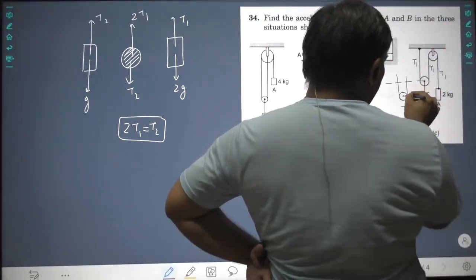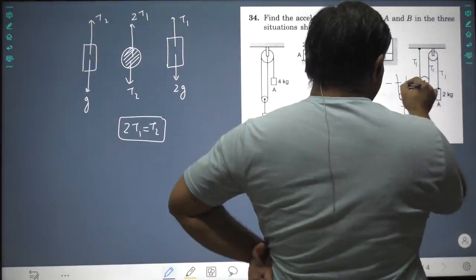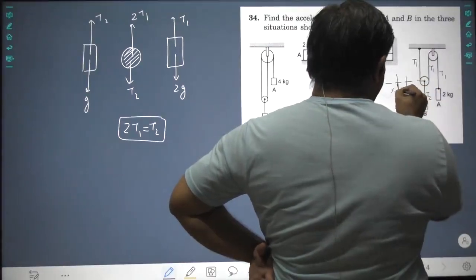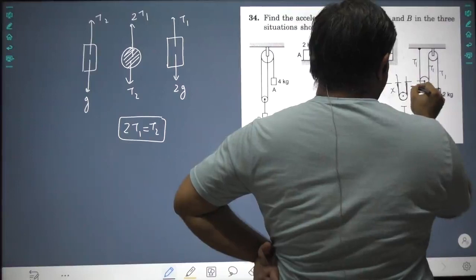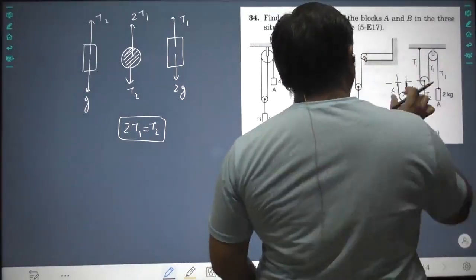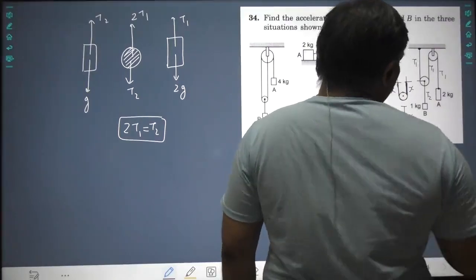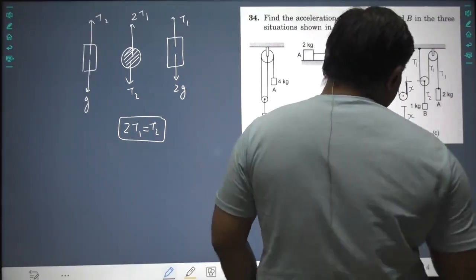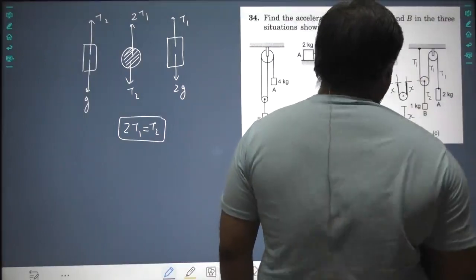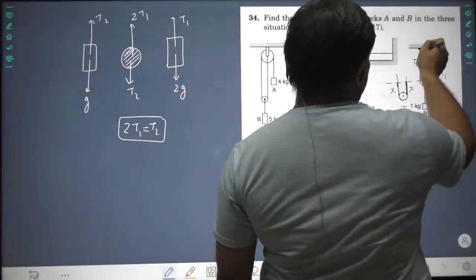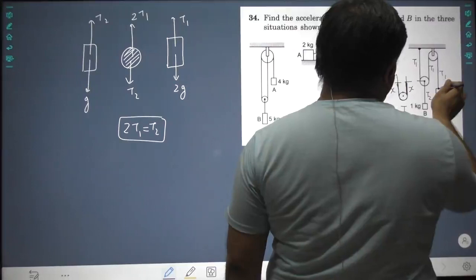For the pulley to move x downward, we need x unit of rope here and x unit of rope here. That is, we need 2x unit of rope. So if the pulley moves x downwards, we need 2x units of rope. And this rope cannot be provided from the fixed end. This will come from the free end.